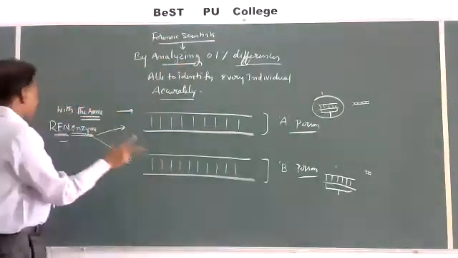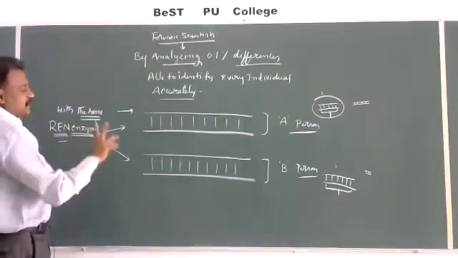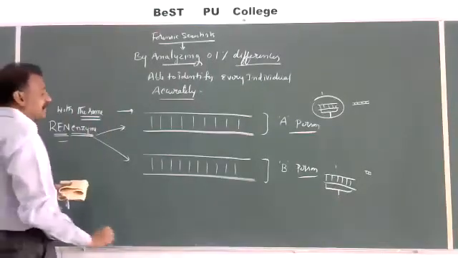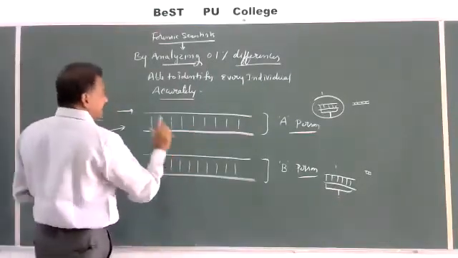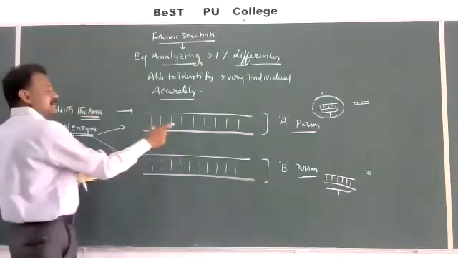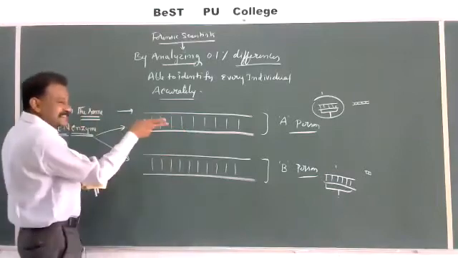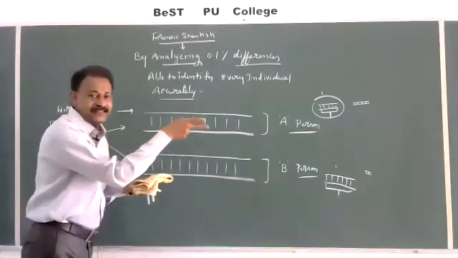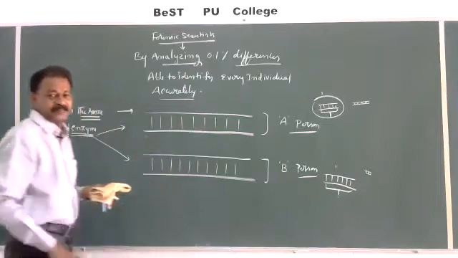The restriction endonuclease will cut only those areas where VNTRs are present, which are flanked by restriction sites. Restriction sites are nothing but enzyme action sites. The enzyme acts at that particular area and cuts the DNA.